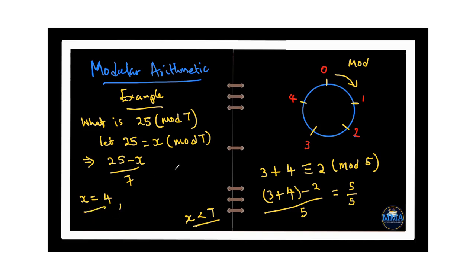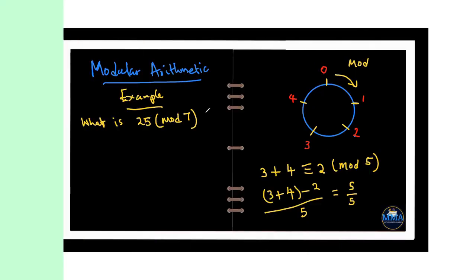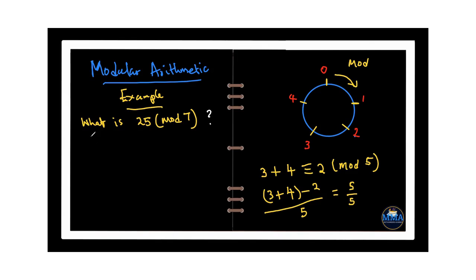But now there's an easier way of doing this. What's that easier way? Let's look at that. What is 25 in mode 7?